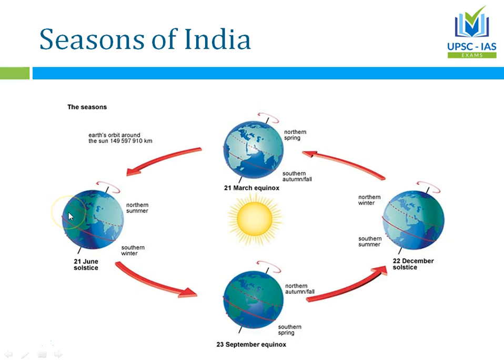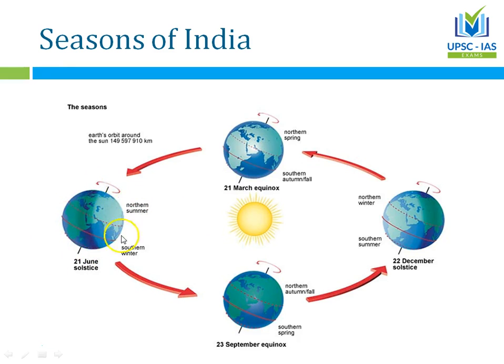So depending on the location of Earth around its orbit, it will have a different season. And the reason we have different seasons in different parts is because the Earth is tilted, right? This is the tilted Earth. So when it is here, it is in June, 21st June, which is also World Yoga Day. You find that this part of Earth is closer to the sun compared to this part, right?